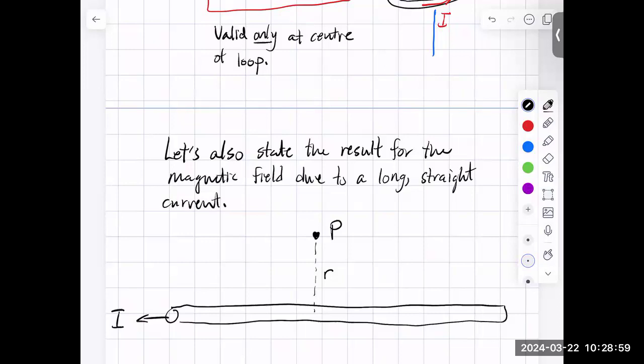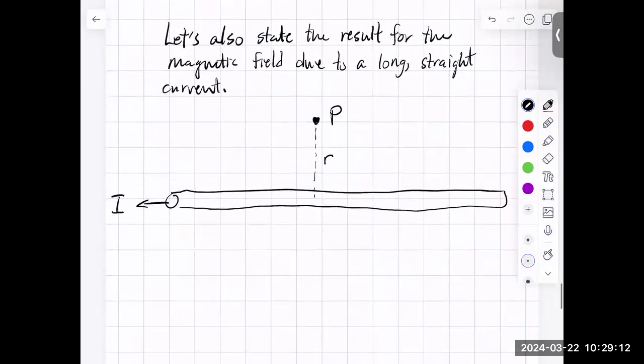And so you can use the same Biot-Savart law to do this calculation. This one's a little more technical, a little more challenging. So we're not going to do it in detail, and I'm not going to expect you to reproduce it, say, on a final exam.